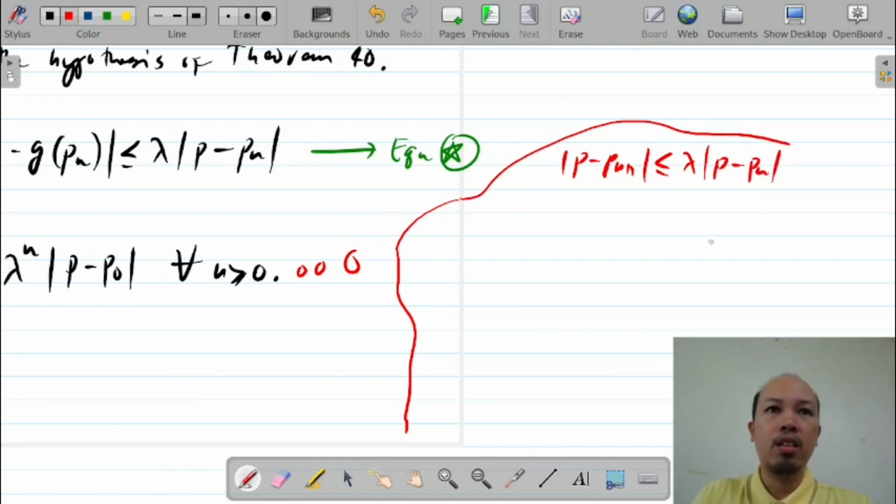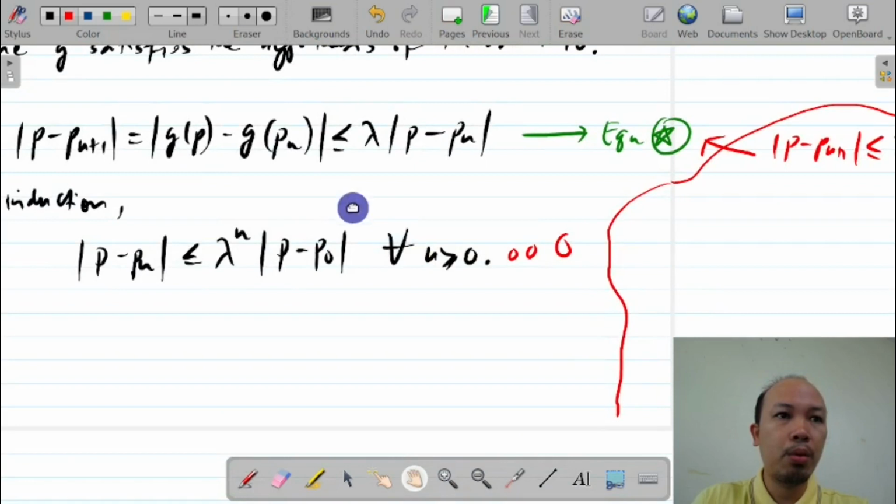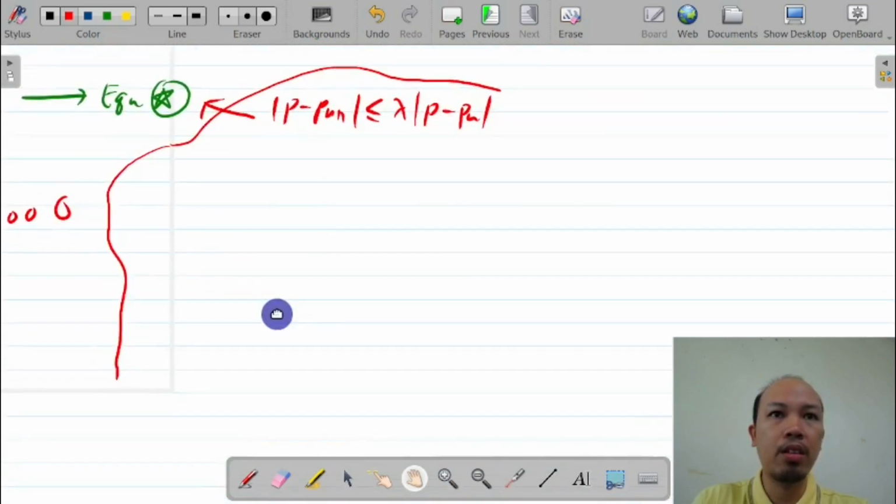Okay, this is from equation star. So let's try to get this one using induction.